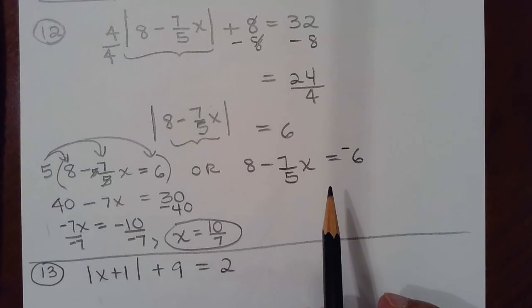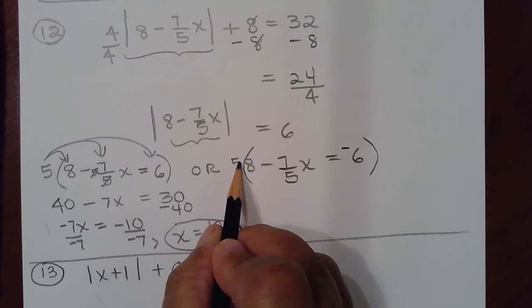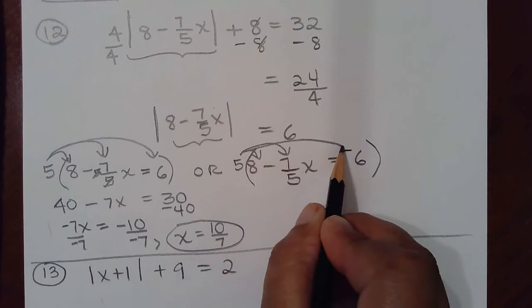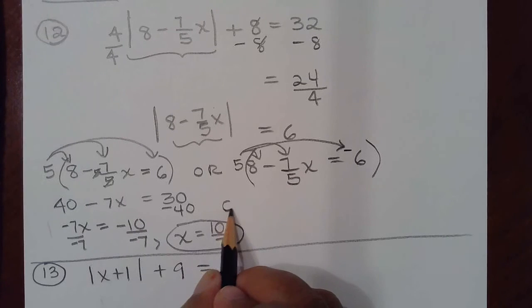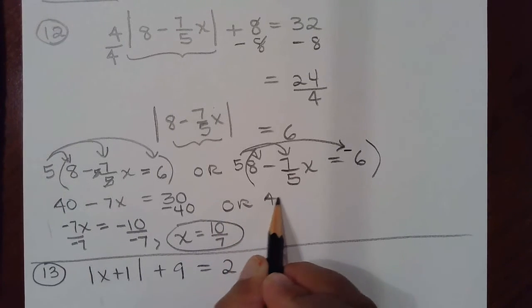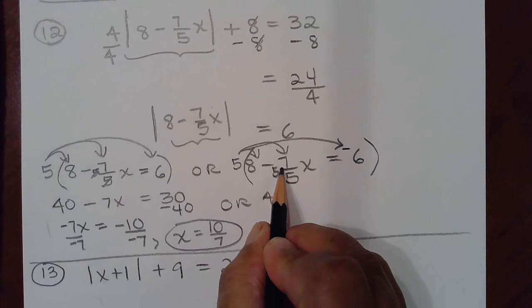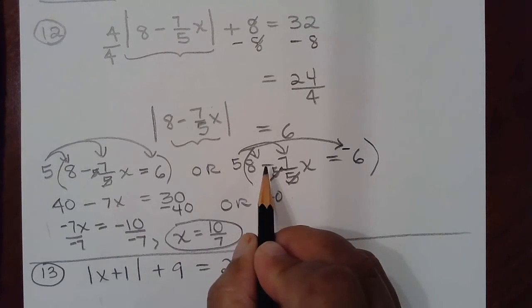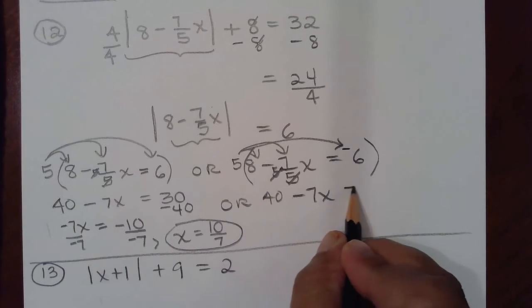Then there's this other solution. Again, you're going to have to get rid of the fraction in the middle, which is going to affect all the numbers in the equation. You're multiplying all of them. So your other solution is 5 times 8 is 40. 5 times 7/5 would make that 5 go away in the denominator, leaving you again with -7x as your middle term.